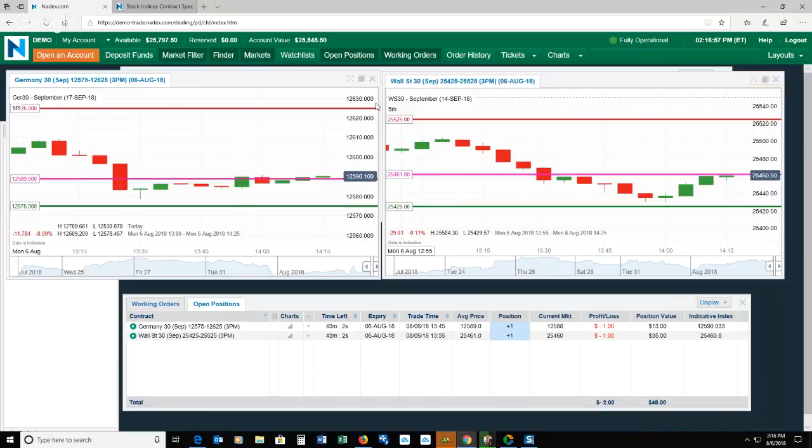Also remember, when you're looking at the spreads down here, the floor is on the left-hand side. The ceiling is on the right-hand side, followed by the time that it expires.